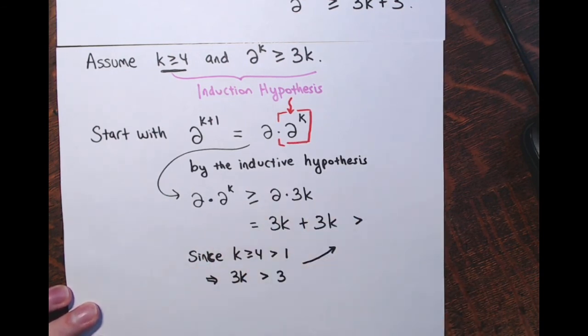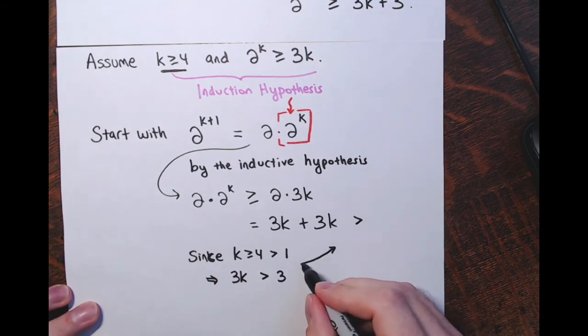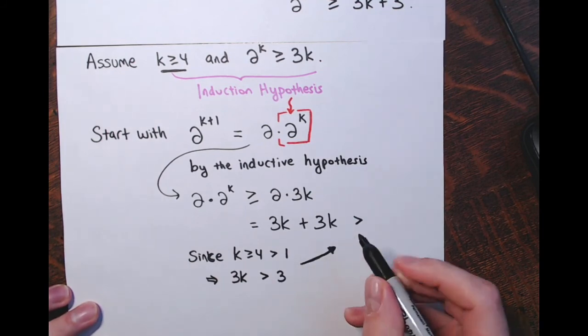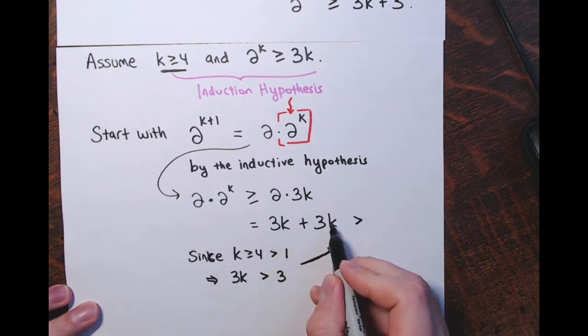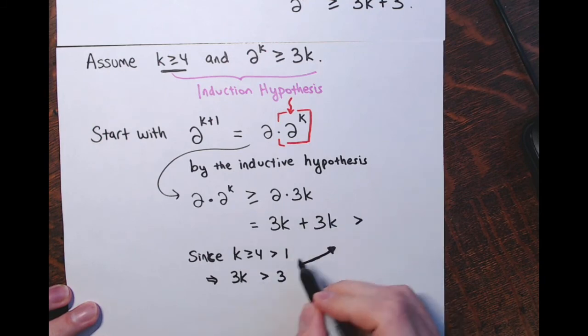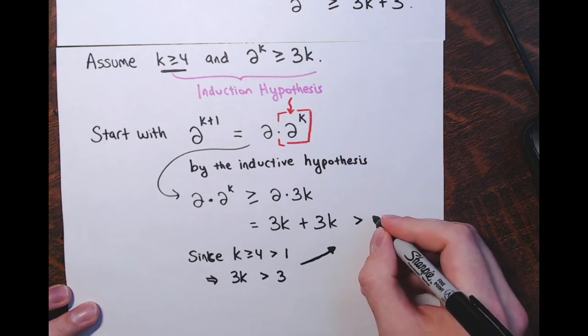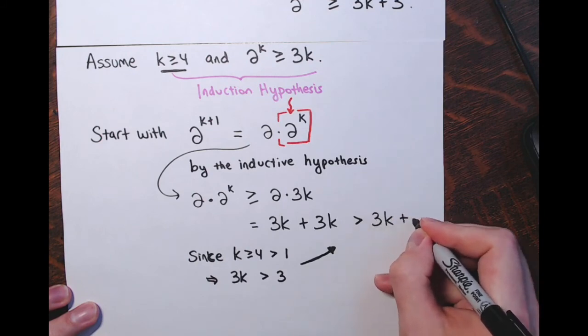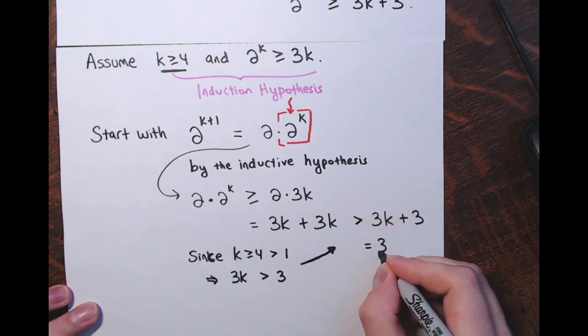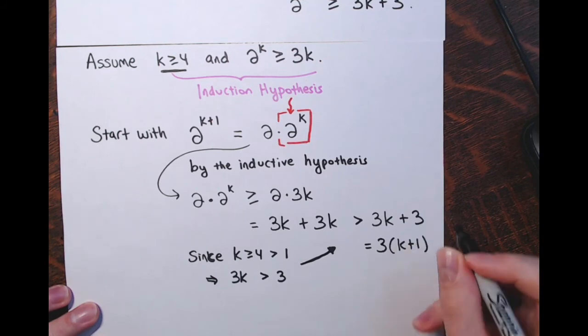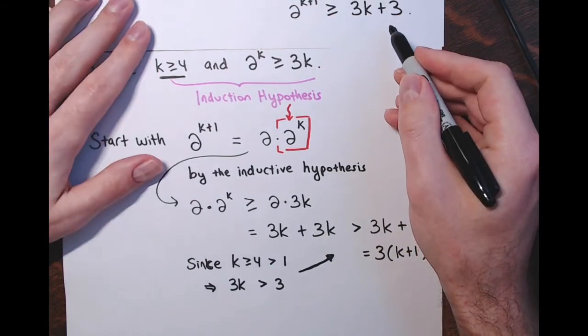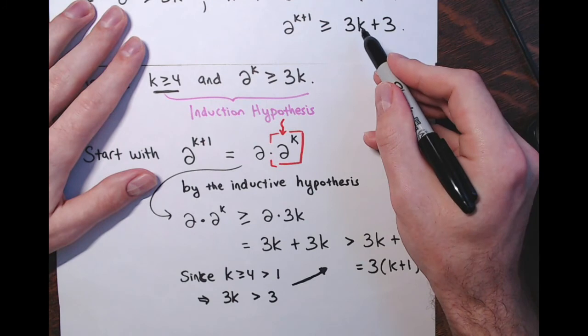It's not a bad proof, it's just bad organization. Using this fact here, this 3k plus 3k, the second 3k here is greater than 3. So this is greater than 3k plus 3, which is equal to 3 times k plus 1. Or I could have just left it as 3k plus 3 like I had up here. I wanted 3k plus 3 on the other side.